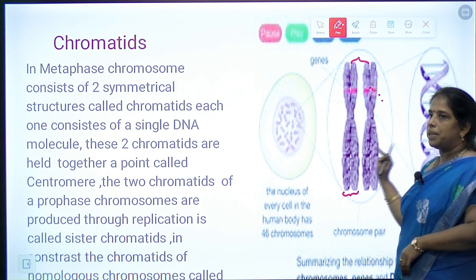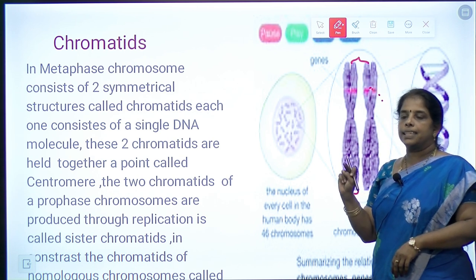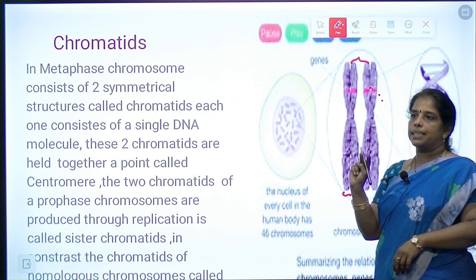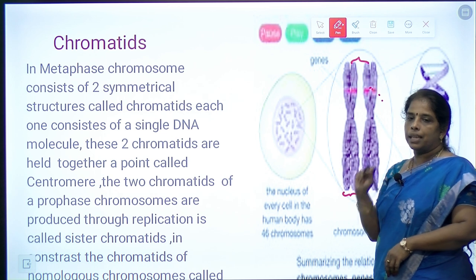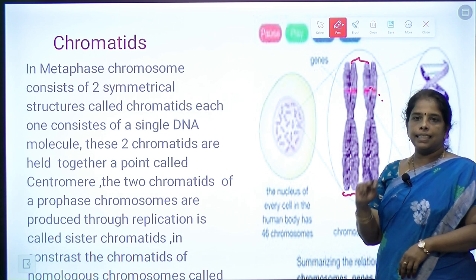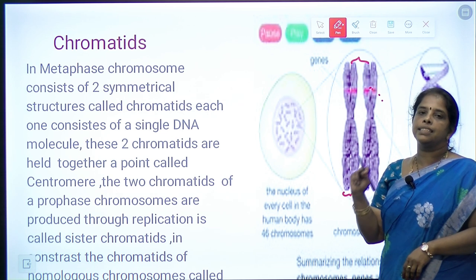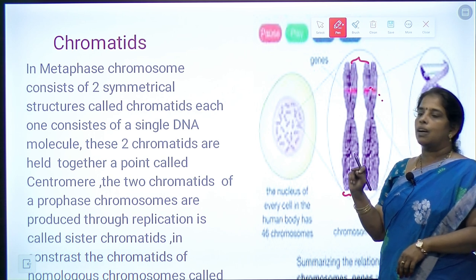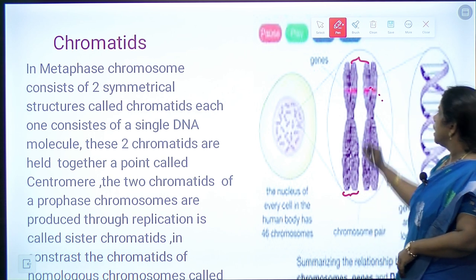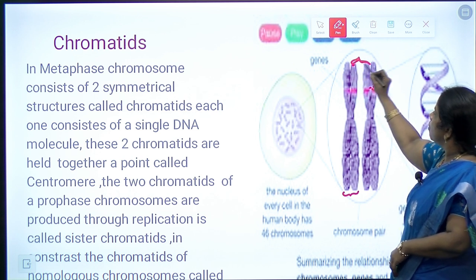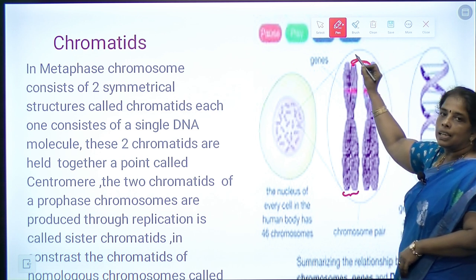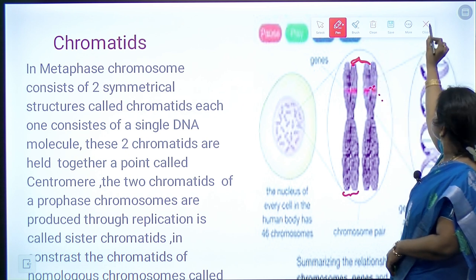Homologous chromosomes means that in each somatic cell the chromosomes are in two sets, each in a pair. These two chromosomes are similar in their structure, gene content, gene composition and gene arrangement.